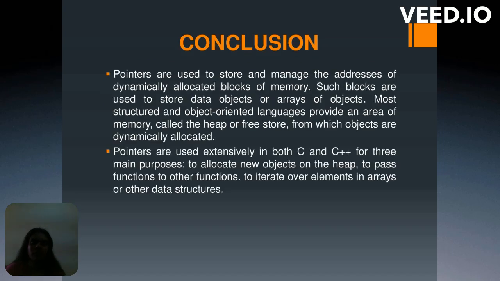And we can conclude that pointers are used to store and manage the addresses of dynamically allocated blocks of memory. Such blocks are basically used to store data objects or arrays of objects. Most of the structured or object-oriented languages provide an area of memory called the heap or free store, from which objects are dynamically allocated.